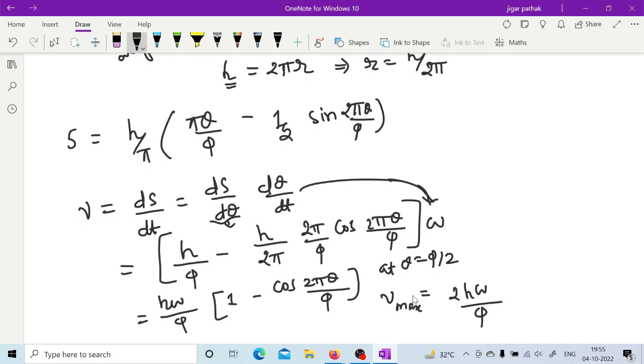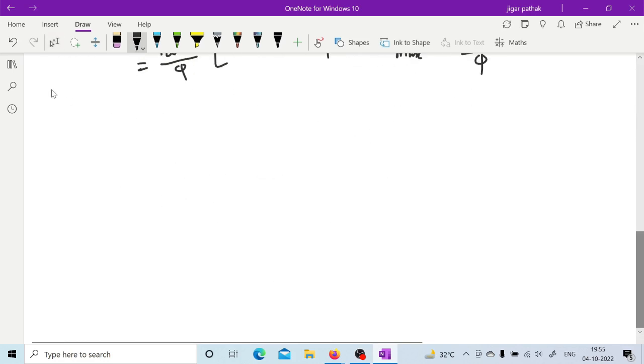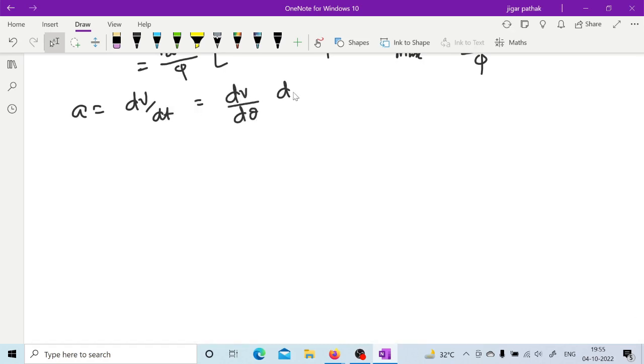So once you have maximum velocity, similarly you can go for maximum acceleration. See, acceleration is nothing but dv by dt, so it is again dv by d theta into d theta by dt, right?